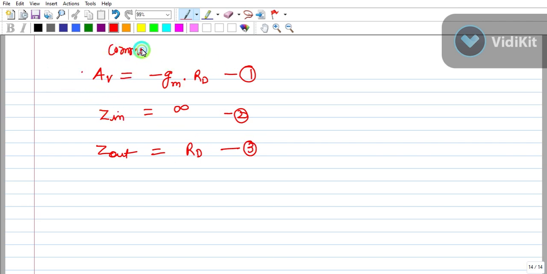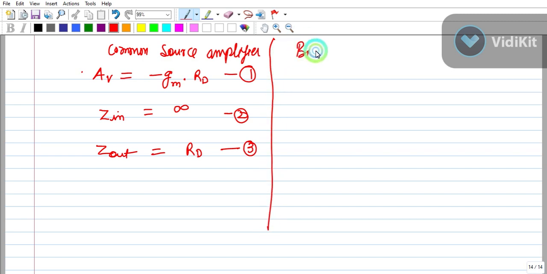This we learned from the common source amplifier with resistive load. Okay, resistive load we are using.